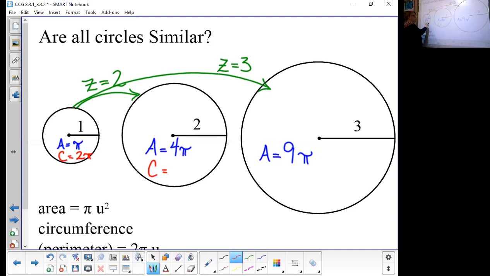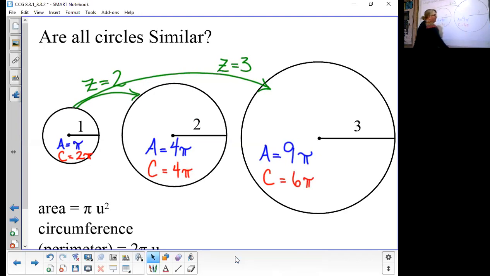So if my original circumference was 2 pi and my zoom factor is 2, what is the circumference of this going to be? 4 pi. Okay, what about the circumference for this one? 6 pi, because I would do 3 times 2 pi, and I would get 6 pi.